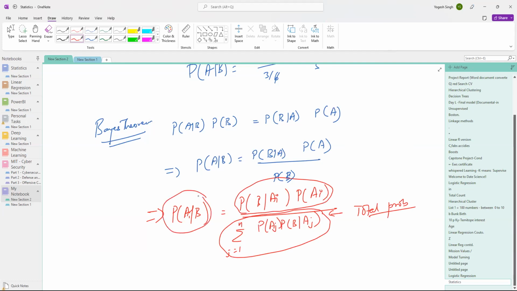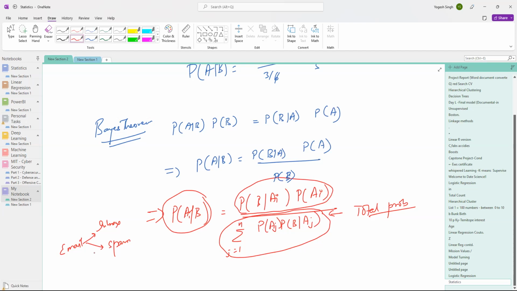Now, one of the most common examples that you can see is email. It goes in inbox or goes in spam, depending on specific words like reward, lottery, claim. These are words which, if you see them, most of the time come under spam.